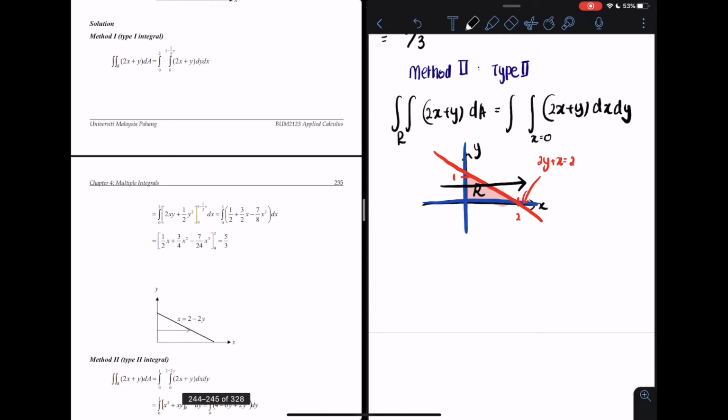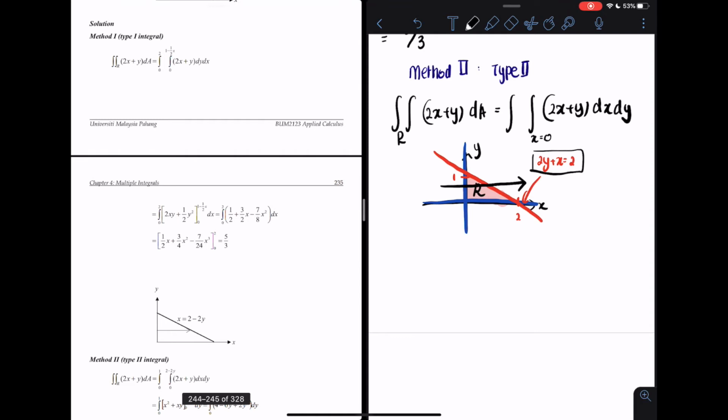Remember, when we want to determine limits with respect to variable x, x should be the subject of your equation, not the other way around. So right now, if you look carefully at what you have over here, this black arrow will touch the red straight line, and the red line is given by the expression 2y plus x is equal to 2.